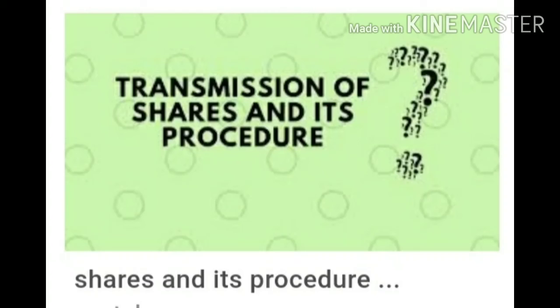Number 2, power of the board: if the legal representative does not comply within 90 days with the information to transmit the shares, the board has the right to withhold the payment of dividend or any other payment on shares.